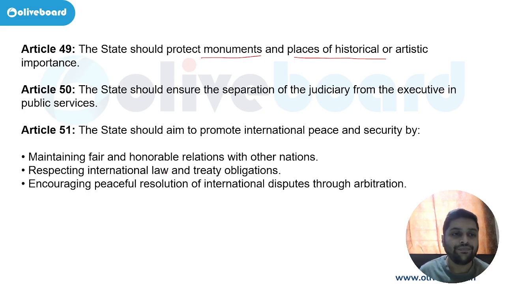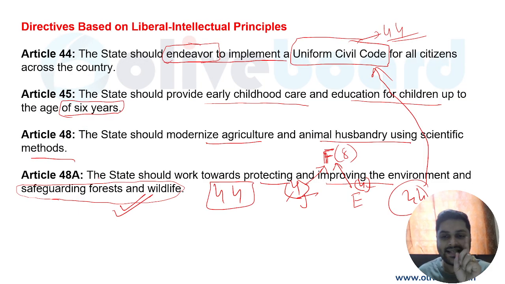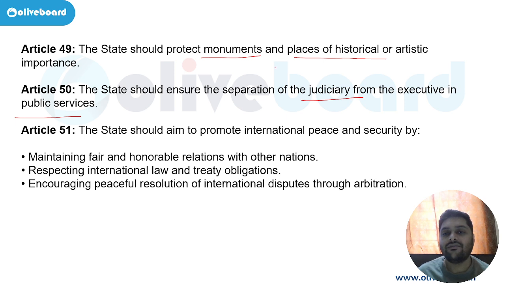Okay, 50 deals with separation of judiciary and executive in public services. Now pay attention to this example I gave you, correct? The example that the father is having 8 toffees.